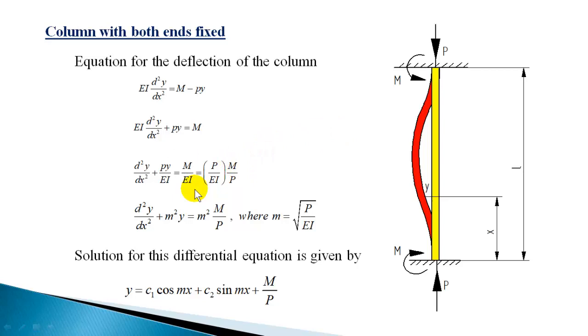Now dividing by EI, d square y by dx square plus Py by EI is equal to M by EI. You can rearrange like this: P by EI into M by P. It is only M by EI because P gets cancelled.